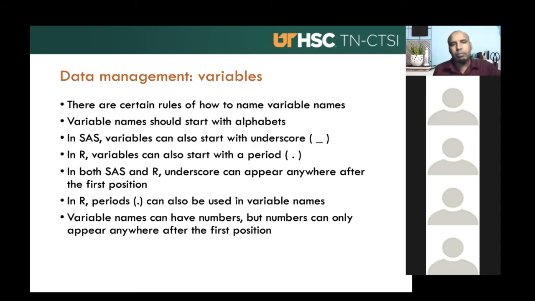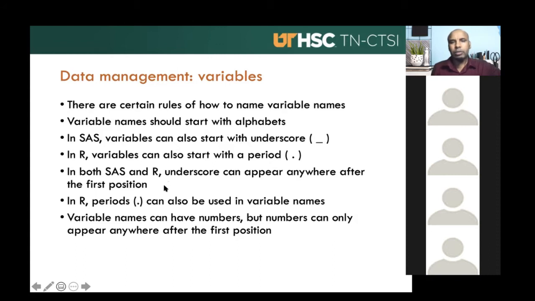Variable names should start with an alphabet, but in SAS statistical analysis software as well as R, they can also start with other symbols. For example, in SAS, variable names can start with the underscore symbol. In R, a variable can also start with a period. In both SAS and R, an underscore can appear anywhere after the first position.